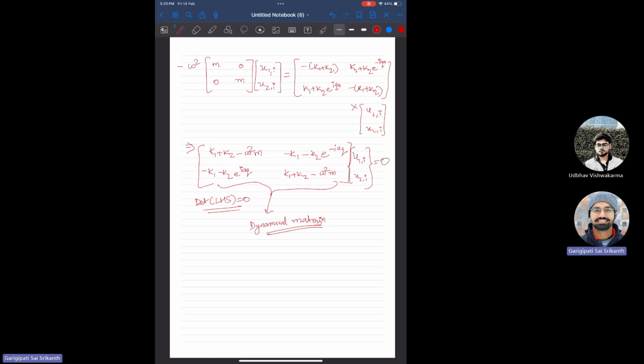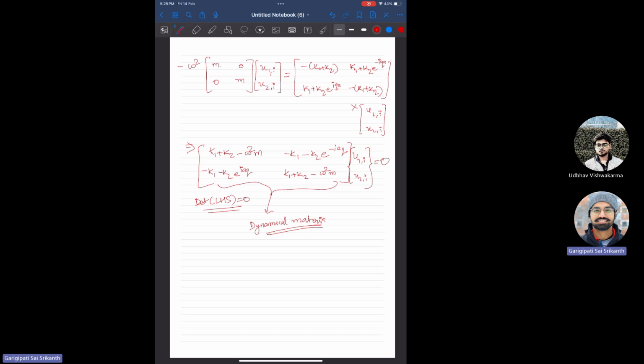The determinant of the dynamical matrix has to be 0 because if u1 and u2 are 0, which is also possible, then we are not talking about wave propagation. Since we want to talk about wave propagation, we want to find out the characteristic analytical relations for that. The determinant of the dynamical matrix has to be 0.